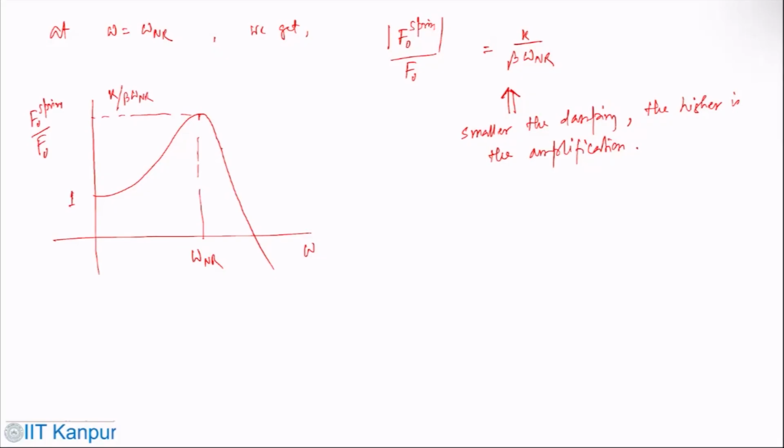This is known as the Bode diagram of F naught spring of omega divided by F naught. So typically the amplification factor can be 5 to 10.